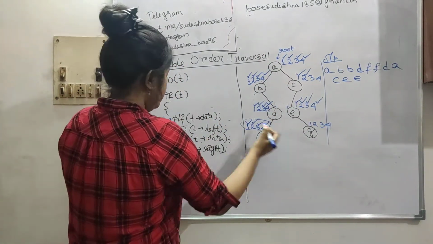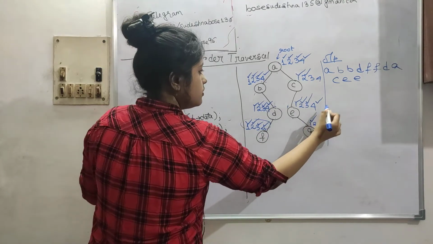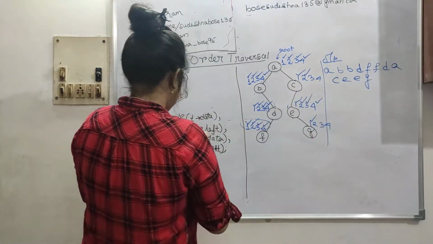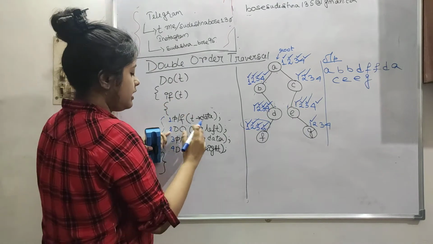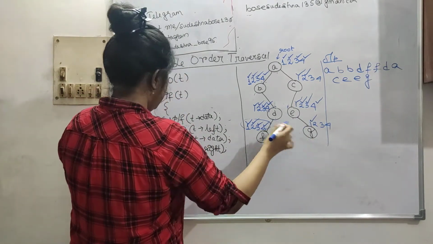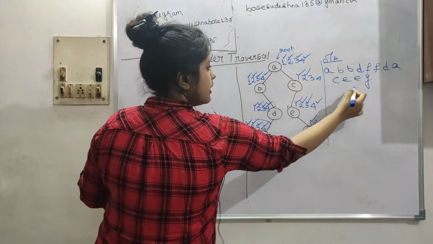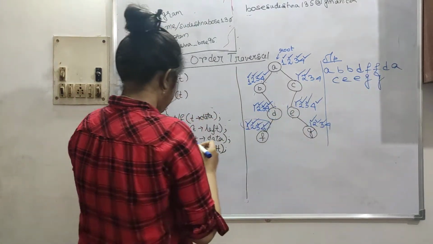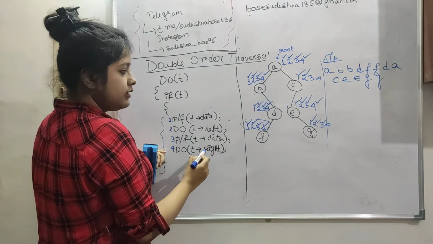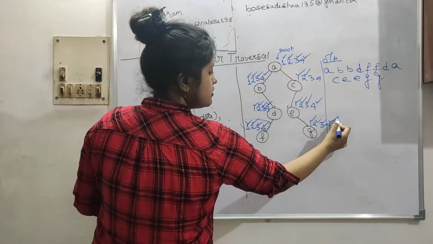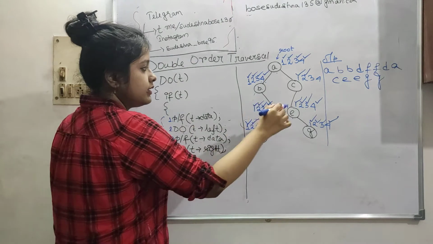So number 1, printf T arrow data, G is printed. Then do T arrow left, it has nothing, don't do anything, printf T arrow data, again G is printed. Number 4, do T arrow right, it has nothing, just put the tick mark.